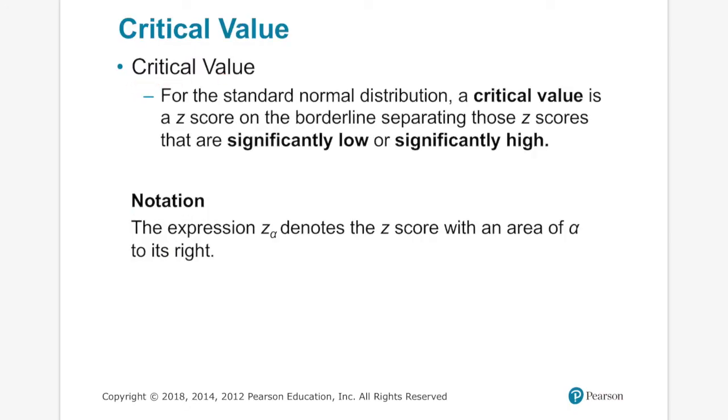You can use one or the other. Critical value. For the standard normal distribution, a critical value is a z-score on the borderline separating those z-scores that are significantly low or significantly high. The notation for z-score is z of alpha denotes the z-score with an area of alpha to its right.